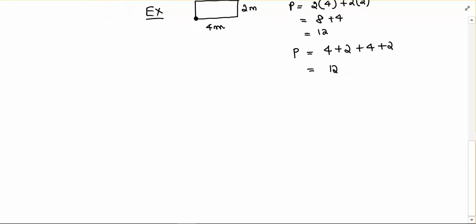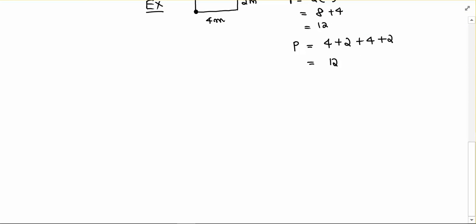Now in this section you'll also be given a formula and asked to solve for some of the letters. So for example, consider the area of a triangle formula.